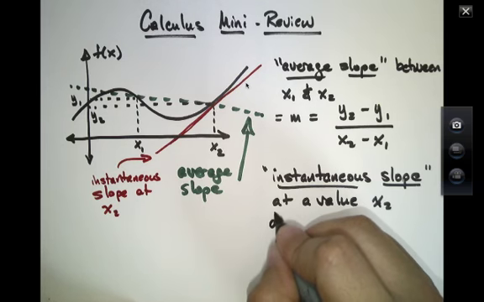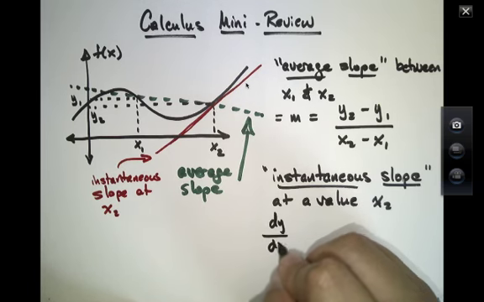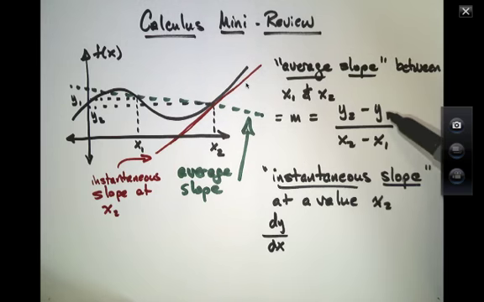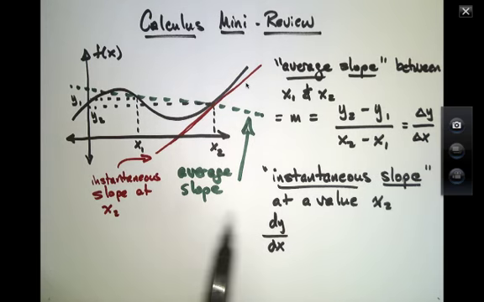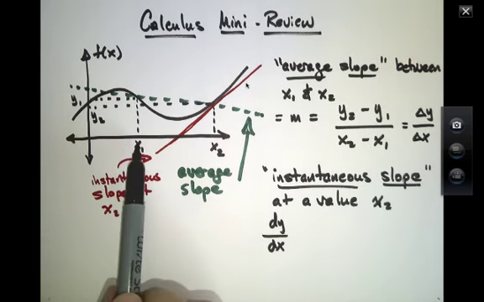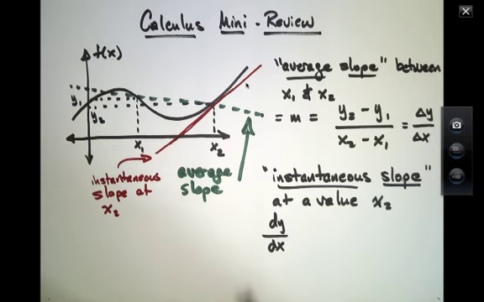This is sometimes written in the form dy/dx, so it's like delta y over delta x. But of course it's taken as a limit. As x1 goes closer and closer to x2, this delta x in the denominator becomes a small infinitesimal distance dx.